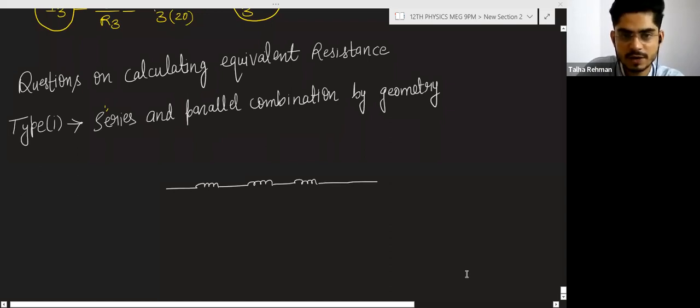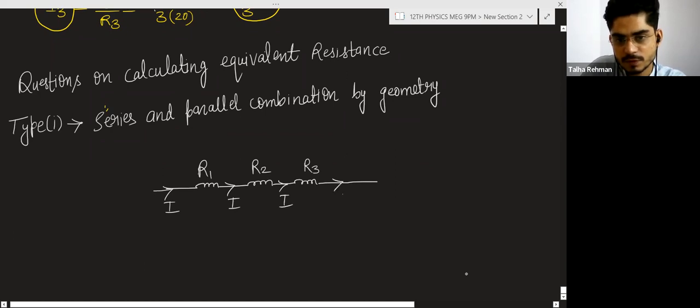If this is R1, this is R2, this is R3, and if the wire is same, then the current is same. So this combination is series.